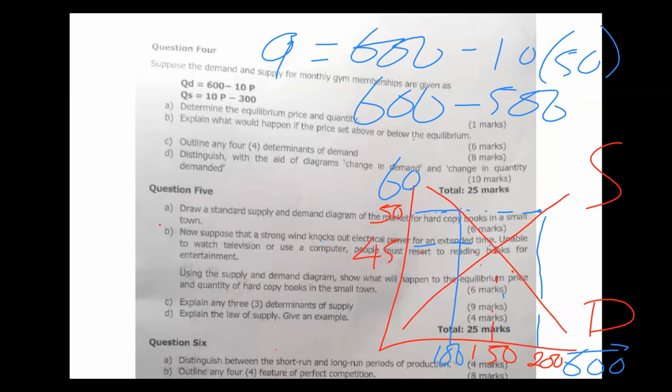If you increase the price, the quantity supplied increases. Using the graph, we have seen that if you increase the price from 45 to 50, the quantity supplied has increased from 150 to 200.